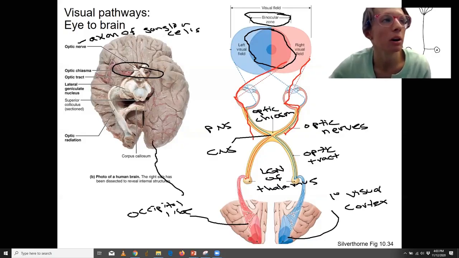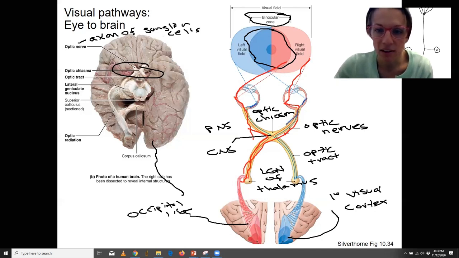So going back to our projection fibers, the red here is either going to not cross or from the right eye, it's going to cross. The left visual field, shown in blue, hits this side of the eye and is either going to not cross or cross.